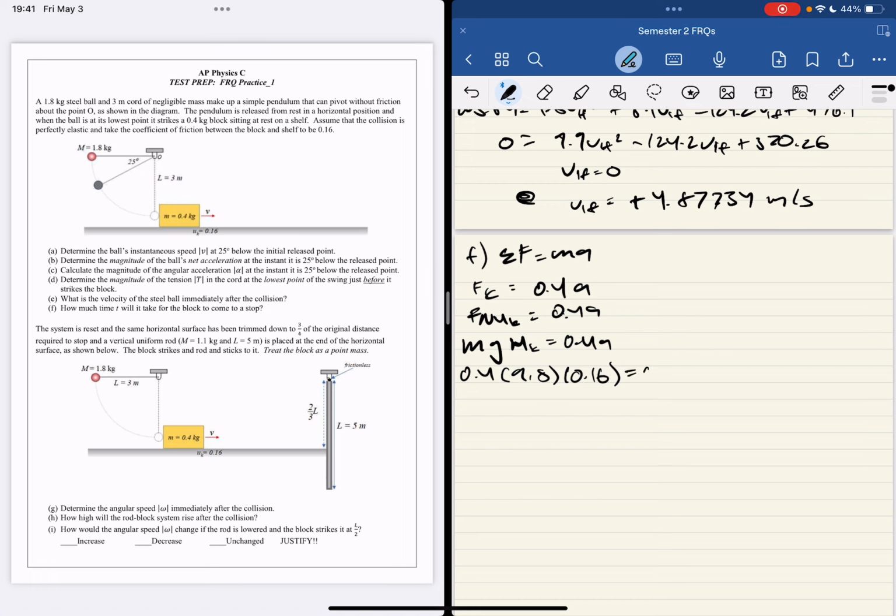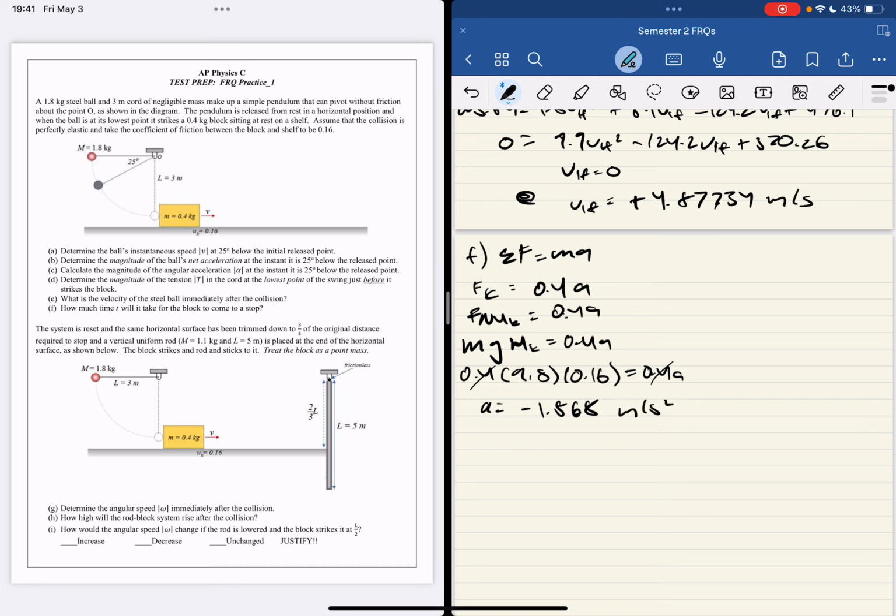That's all equal to 0.4 A. Cancel these out. So A will be equal to negative, because friction is going to be negative, 1.568 meters per second squared.